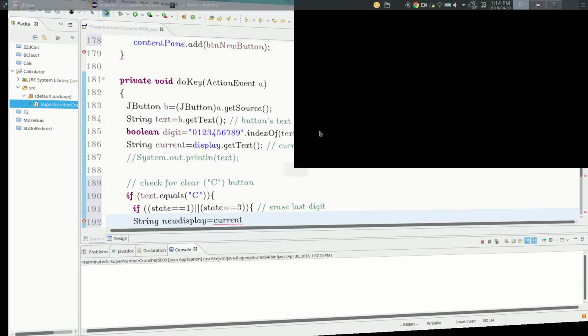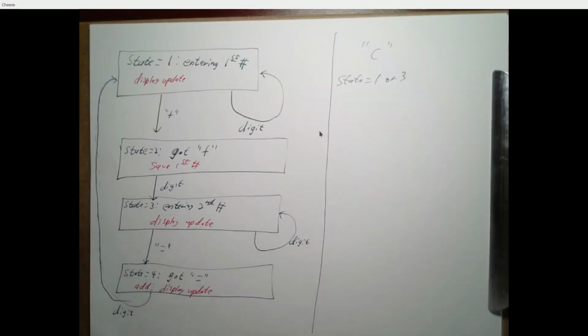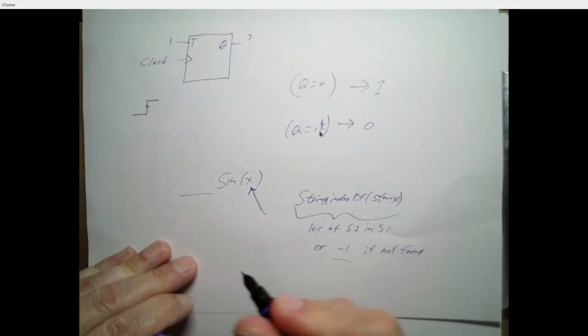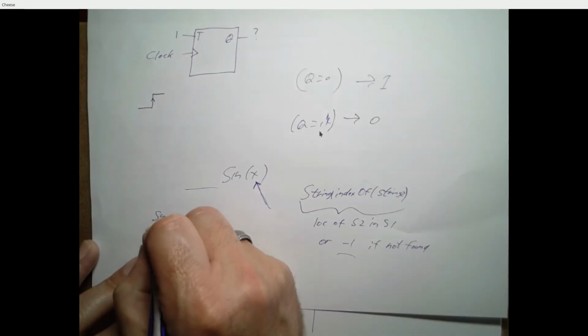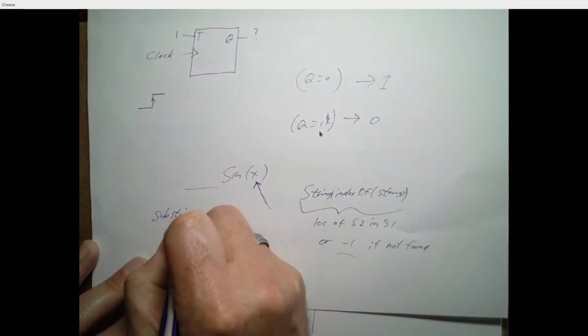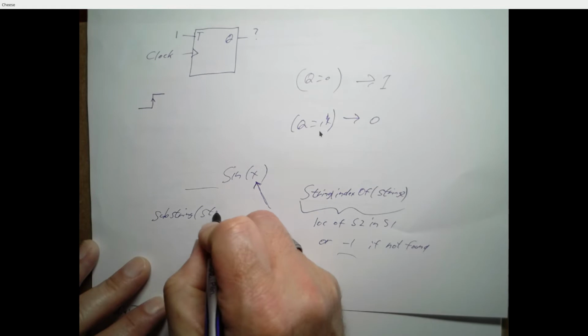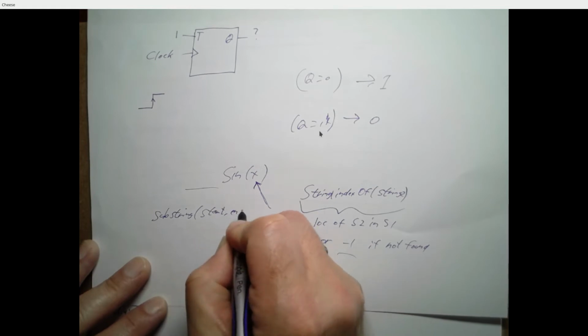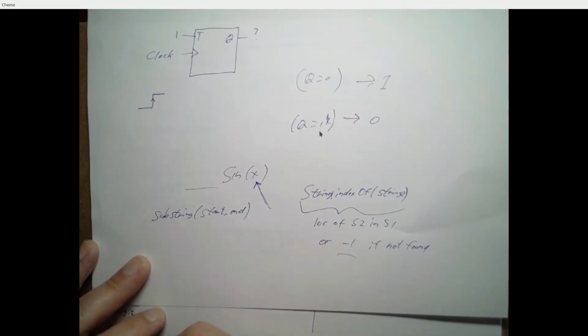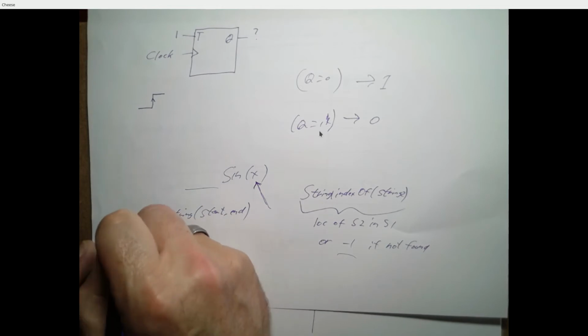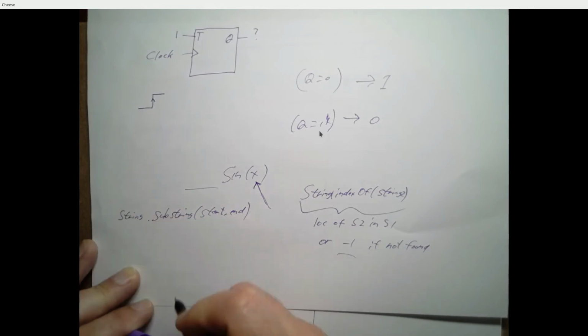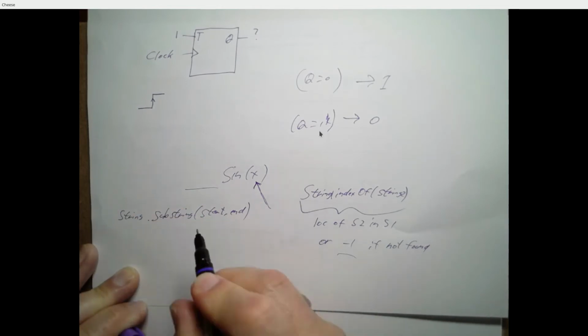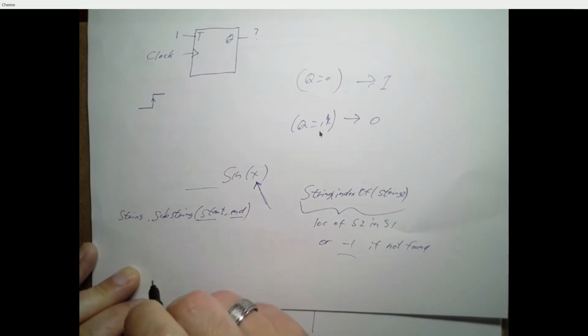Well, there's another method you should know about for strings. It's called substring. And substring takes two arguments, a starting position and an ending position. It gives you back everything from the starting position to the ending position minus 1.